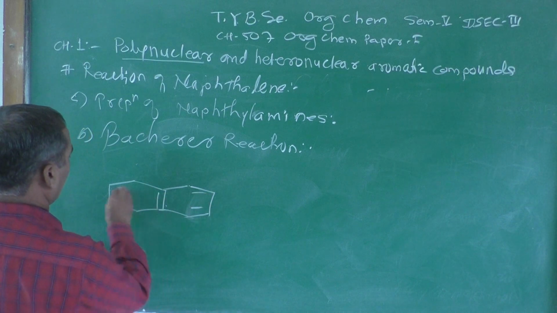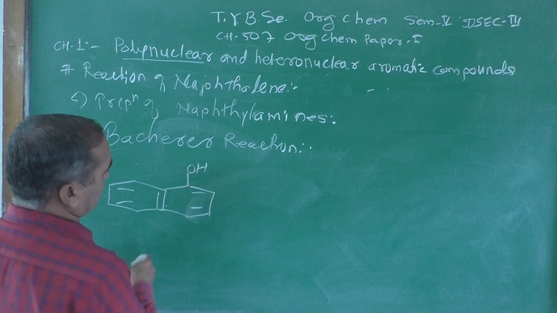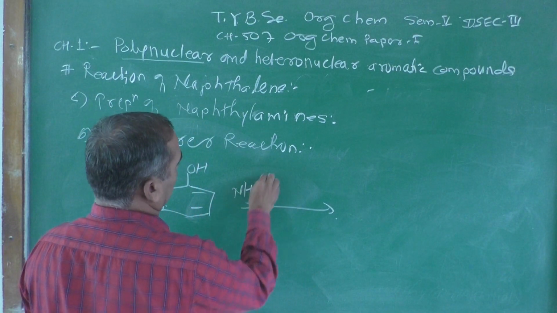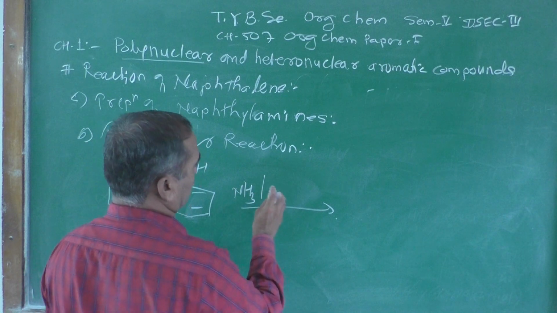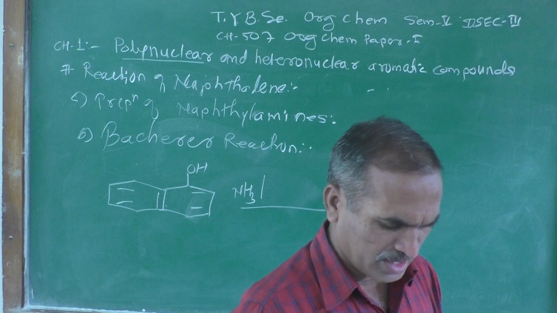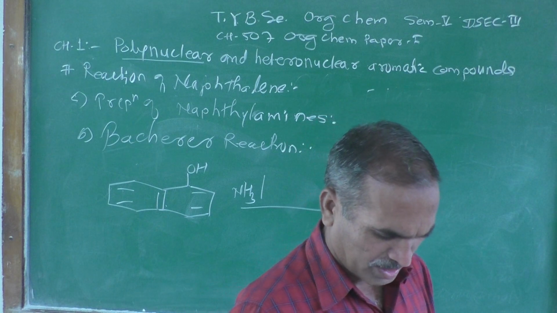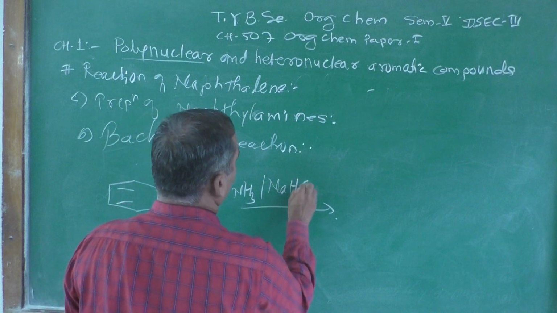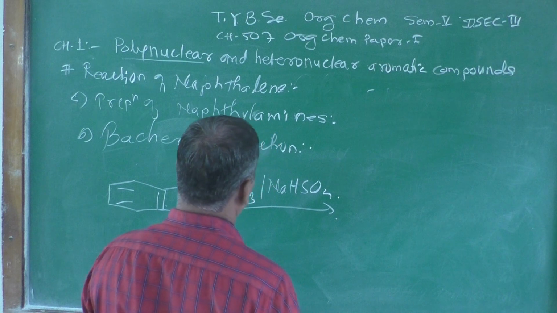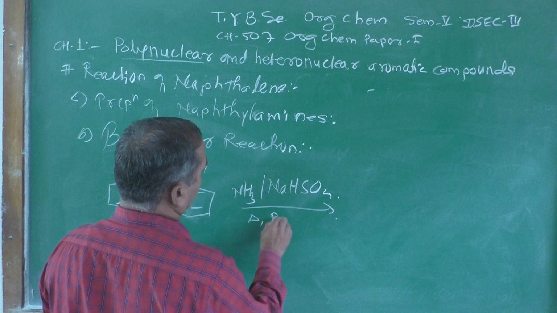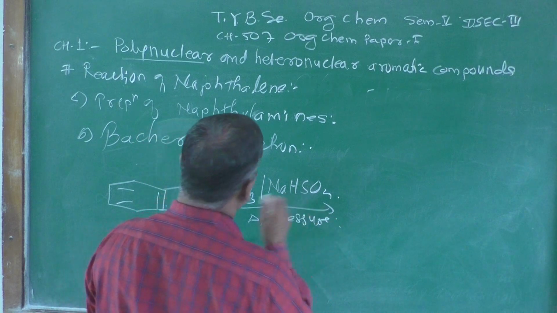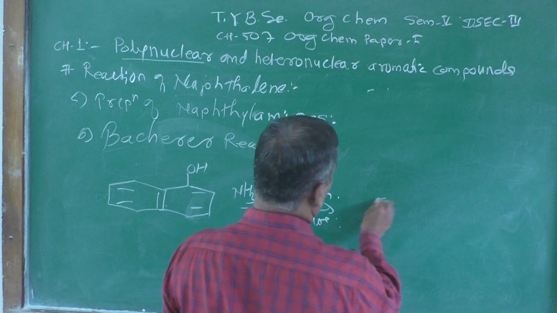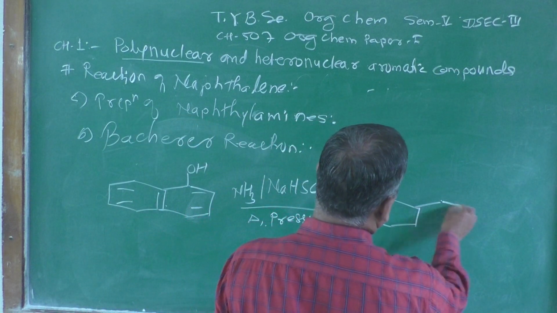This is alpha naphthol, which will be treated with ammonia in the presence of bisulfite. Bisulfite, as we know, is sodium bisulfite, NaHSO3, and heated at very high pressure, which is an industrial procedure, and therefore he got the resulting product, this one.